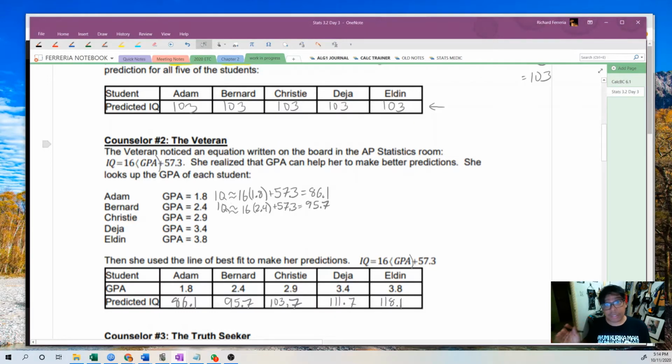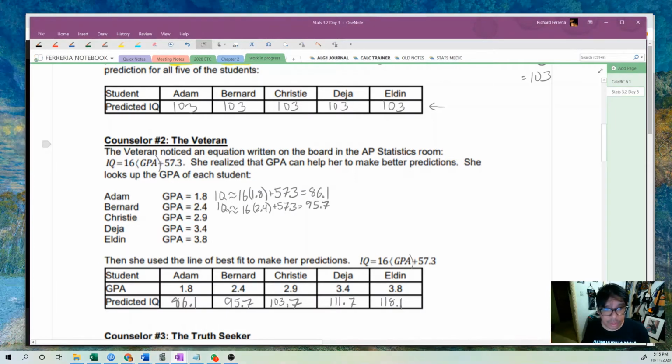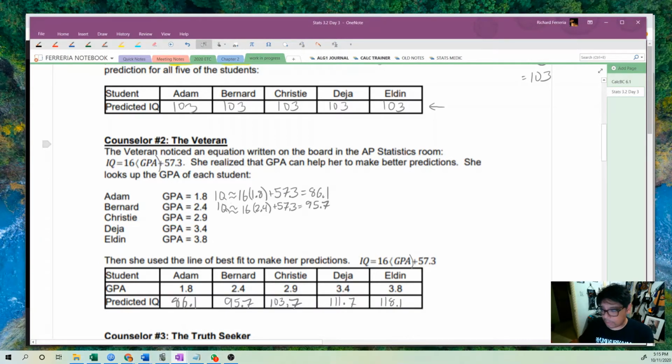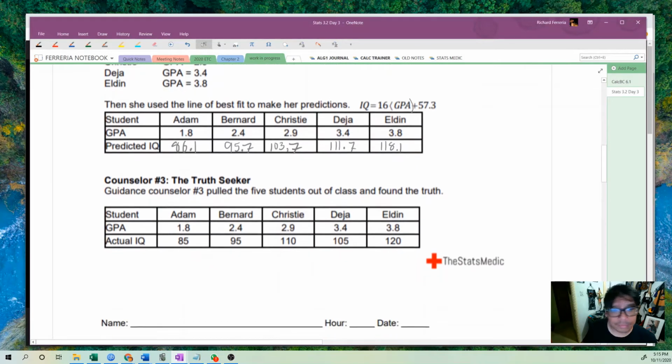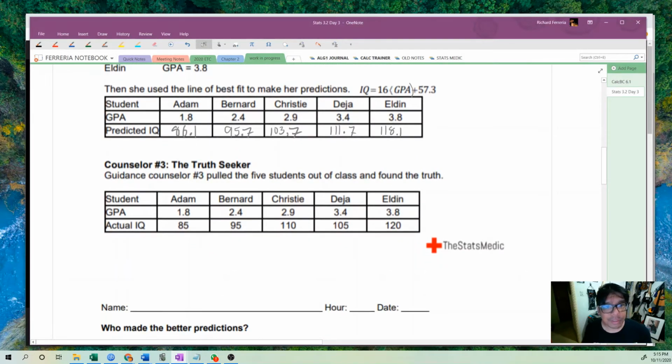All right, so that's using lines of best fit or least squares regression lines to calculate. Let's take a look at counselor number 3, the truth seeker. The truth seeker just decided to call every student out of class and ask them the truth. So here are their actual IQs.